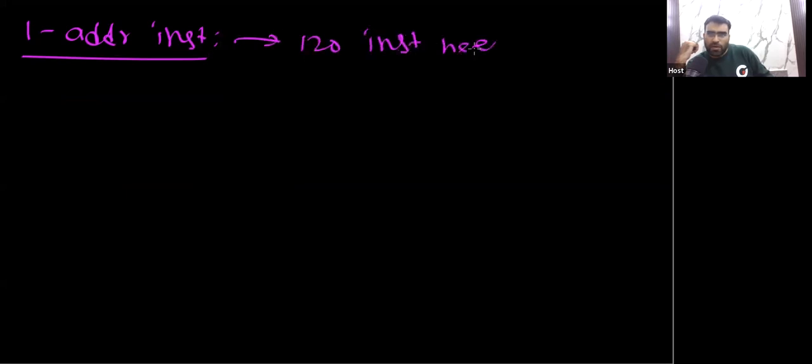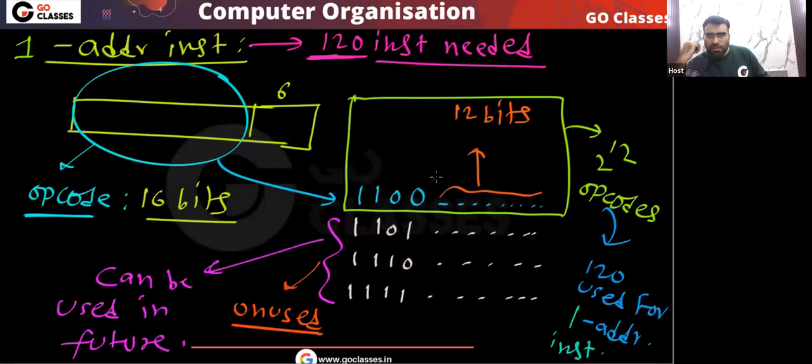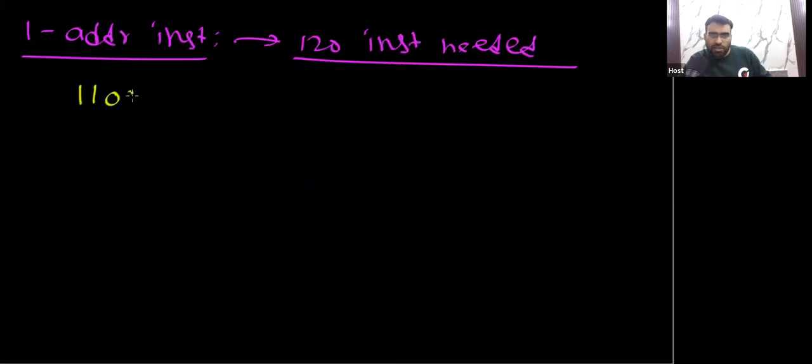This combination itself can give you everything, like 1100, and 120 instructions you can get here only. Actually, there are 16 bits. You need only 120.